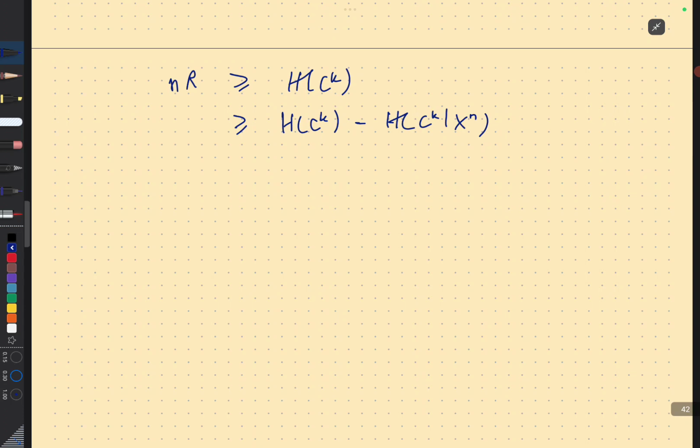Entropy is always non-negative. So H of C^K given X^n can only be greater than or equal to 0. Removing a non-negative quantity can only reduce the quantity itself. Right? This is equal to the mutual information between C^K and X^n.